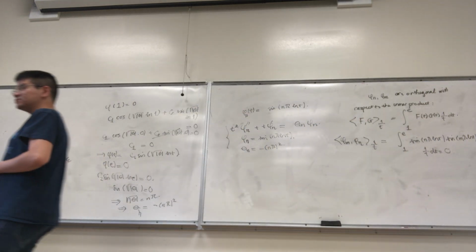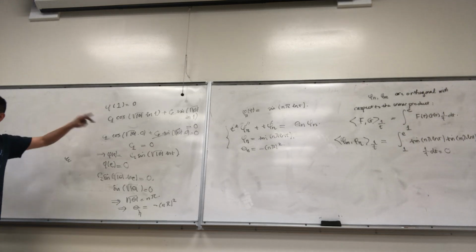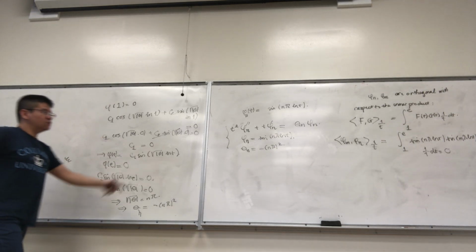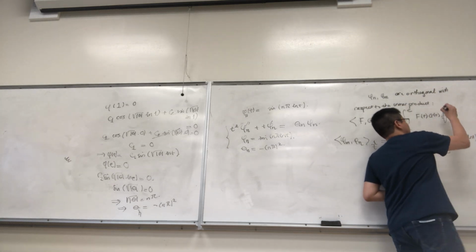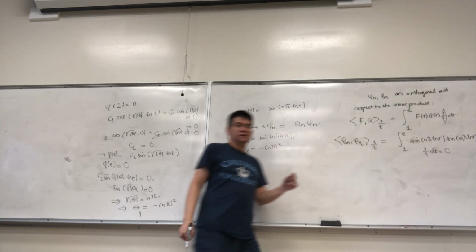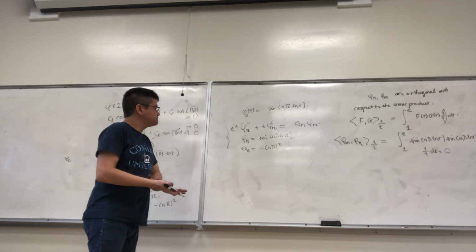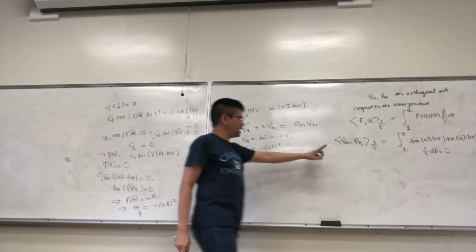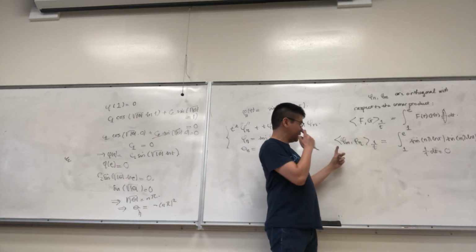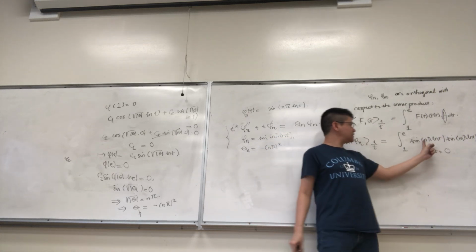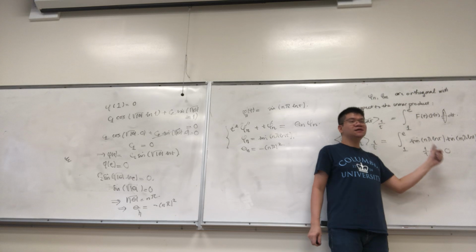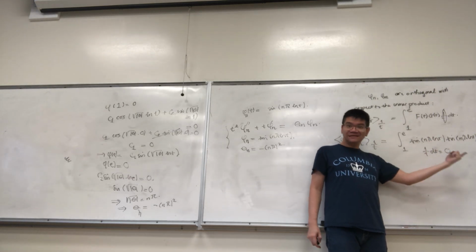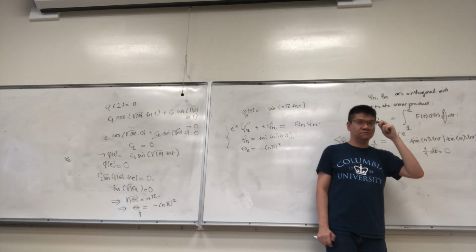According to the theorem, all of those functions are orthogonal with respect to the weight 1 over t. Which means that if you multiply sine of n pi log t, sine of m pi log t, 1 over t dt, and you integrate from 1 to e, it's going to give you 0.